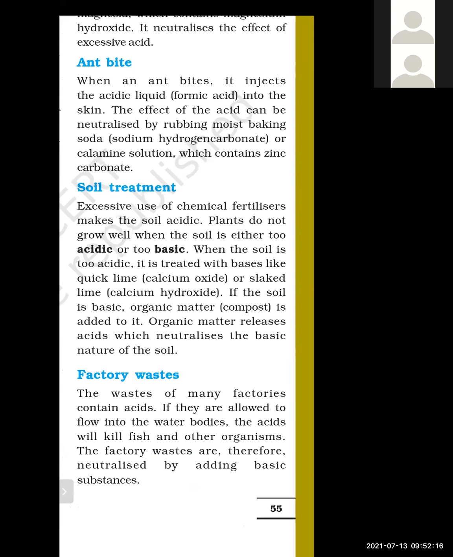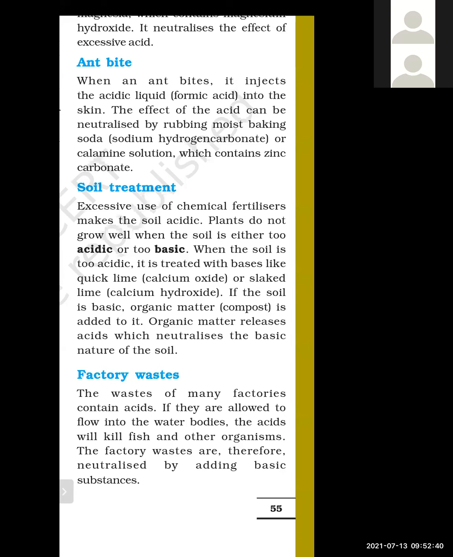So we will first check the nature of the soil. Just take a little soil in a beaker, mix some water and test with the help of any indicator. We can use litmus paper, or any indicator which is easily available, to test whether the given soil is acidic in nature or basic in nature.